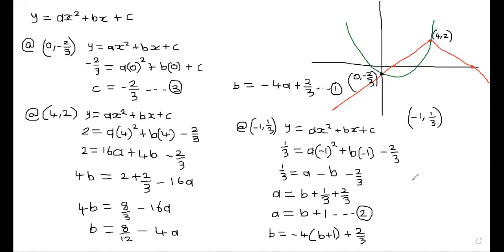Let's continue here. So we have B is equal to -4 times B is -4B. -4 times 1 is -4, plus 2 over 3.